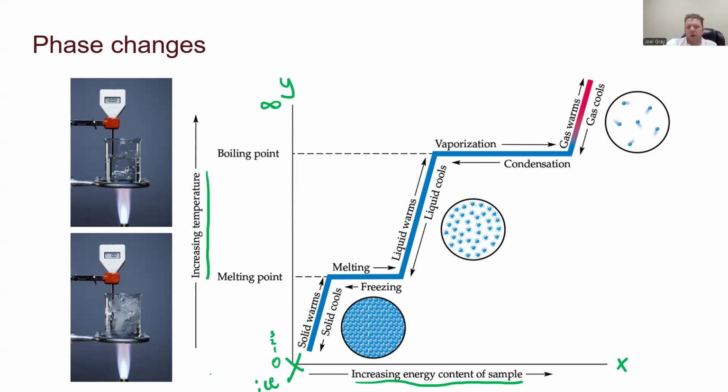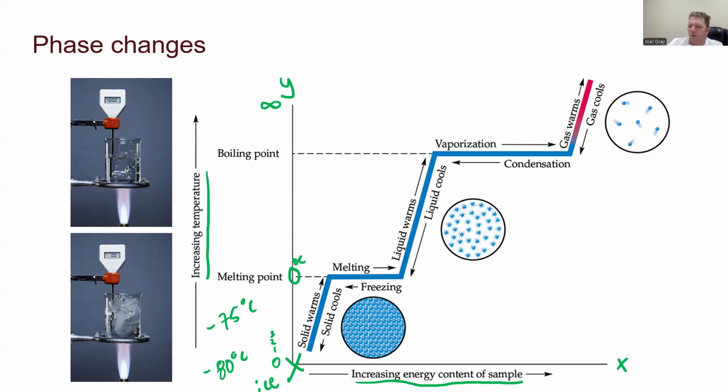So let's say that we had ice that was at negative 80 degrees Celsius. If it's at negative 75 degrees Celsius, still ice. Negative 70, still ice. Negative 65, still ice. It's still going to exist as a solid until we hit 0 degrees Celsius.